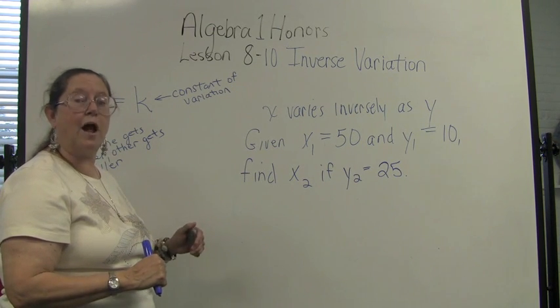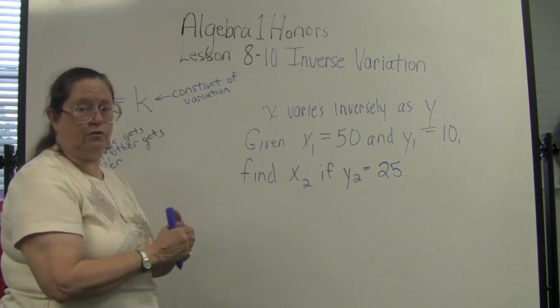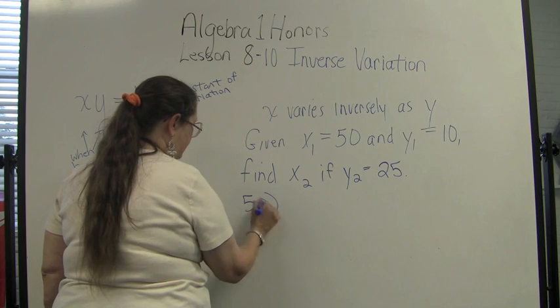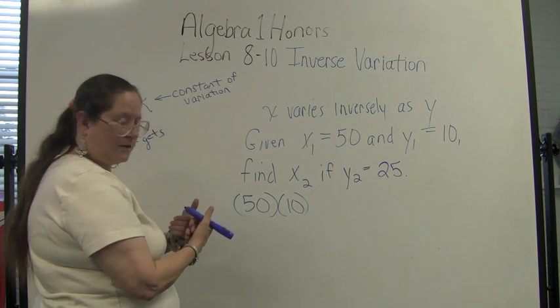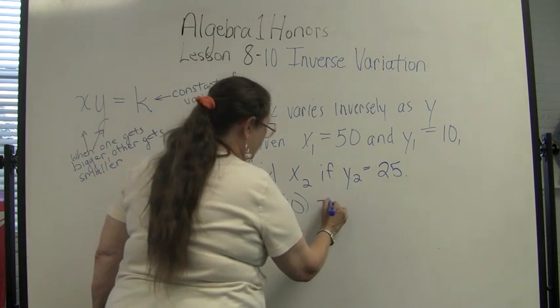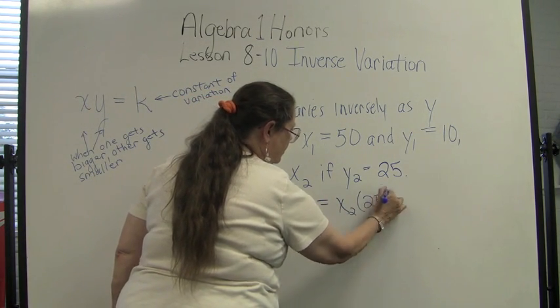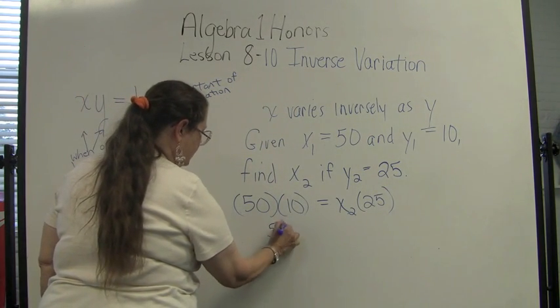same, it's the product. It's the result of multiplying the two numbers, it's always the same. So we take 50 times 10, and that has to equal, because our product has to stay the same, whatever X2 is times 25. Well, 50 times 10 gives me 500.